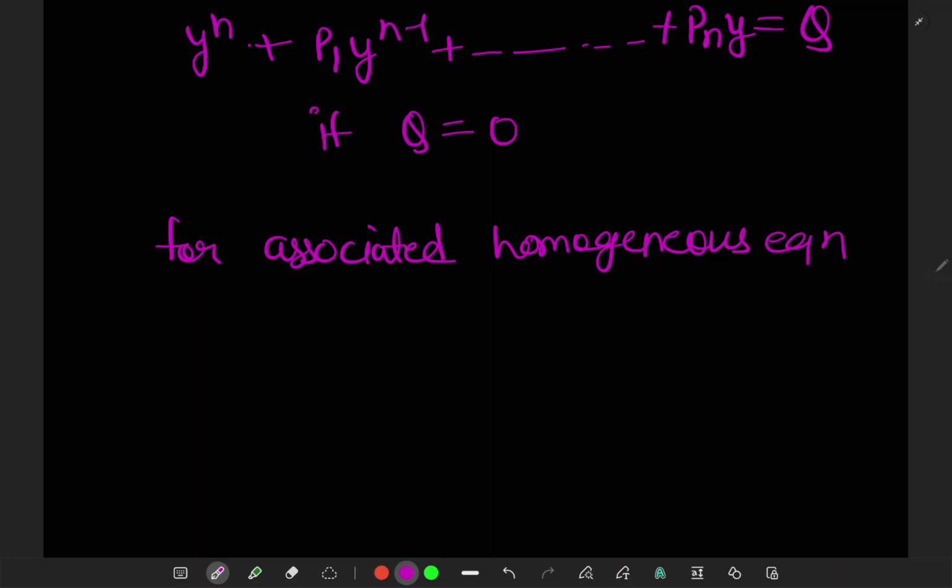Here the solution of the associated homogeneous equation is called the complementary solution. And this is a solution of this homogeneous differential equation.